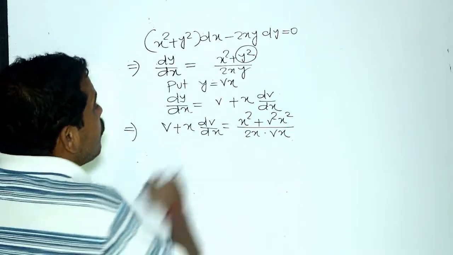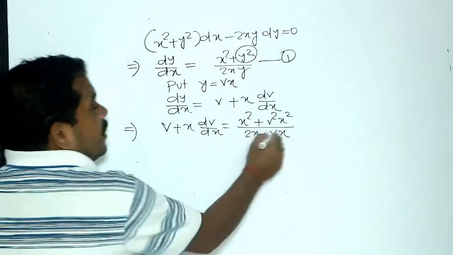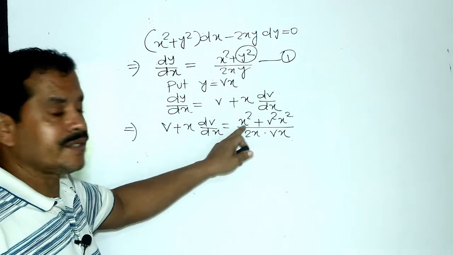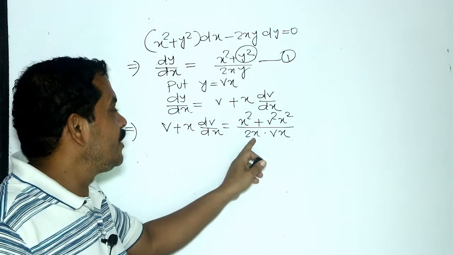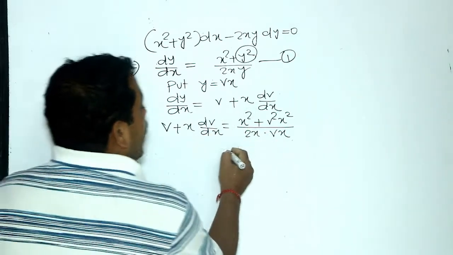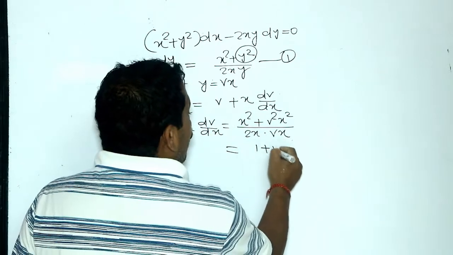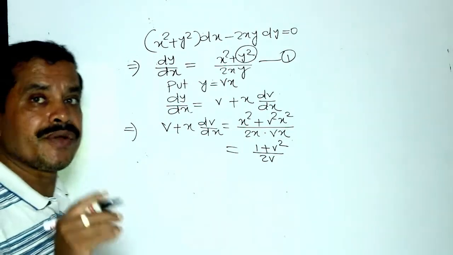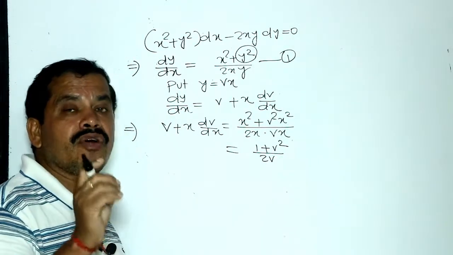Then equation 1 becomes v + x dv/dx = (x² + v²x²)/(2x·vx). The right hand side becomes (1 + v²)/(2v), because the numerator has x² and the denominator also has x².